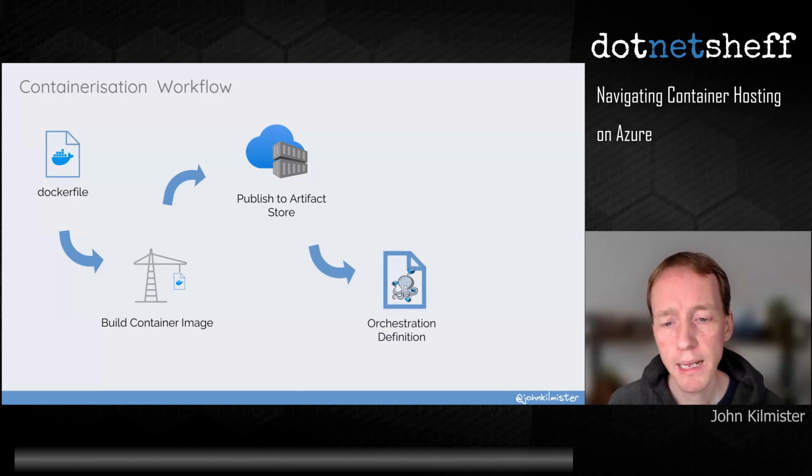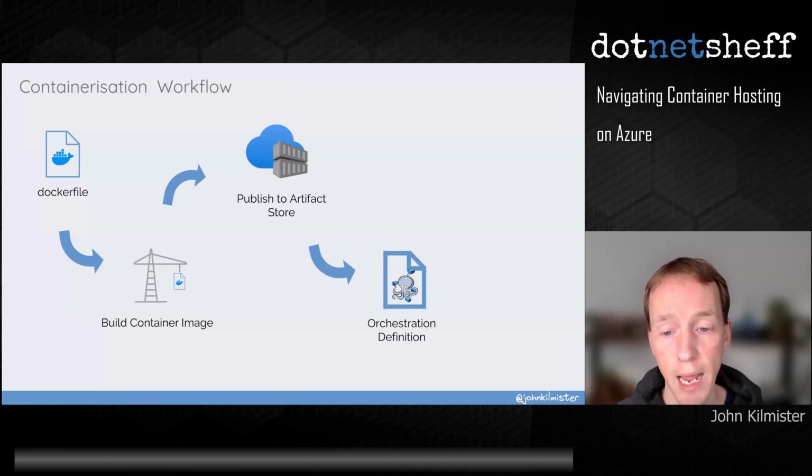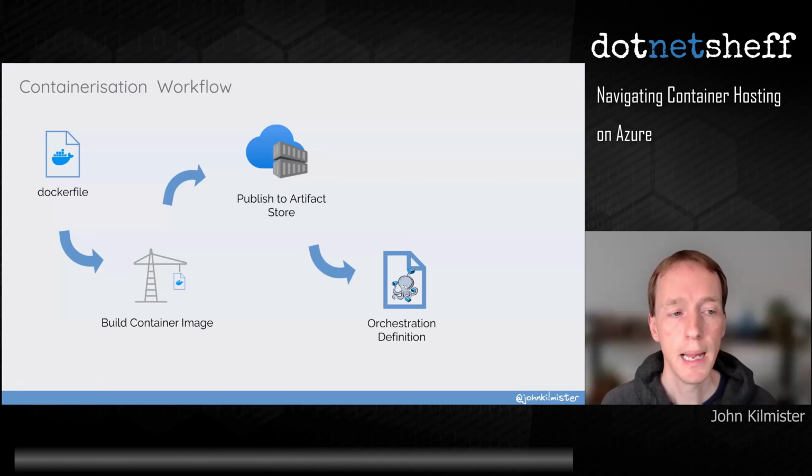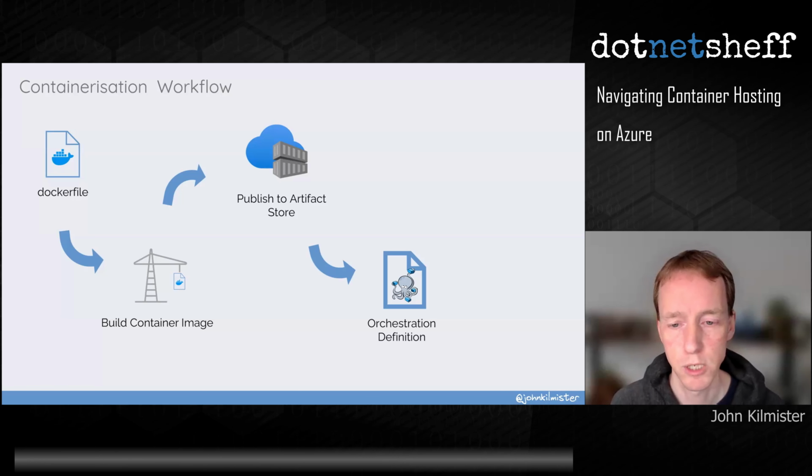Now, before we can actually run it in production, we're more than likely going to want to run multiple containers side by side, and we're going to want to join them all together with various networking and routing options. And that's where container orchestration comes in. Depending on how we're hosting, it depends on how we do that orchestration. So it might be as simple as a compose file, or it might be as complex as a Helm chart.